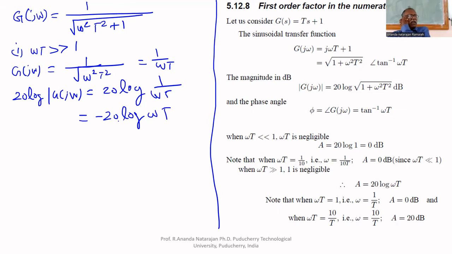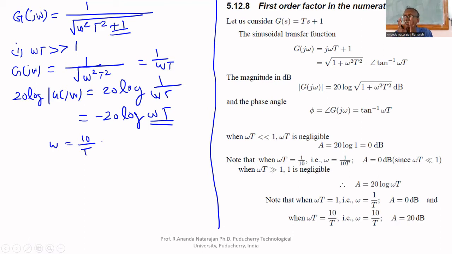Here, we are considering only the case omega tau far greater than 1. Therefore, 1 is negligible. What will you get when omega equals 10 by tau? Substitute omega equals 10 by tau.